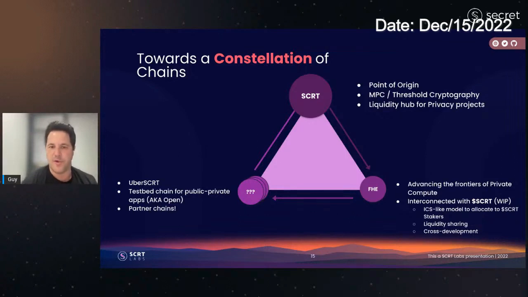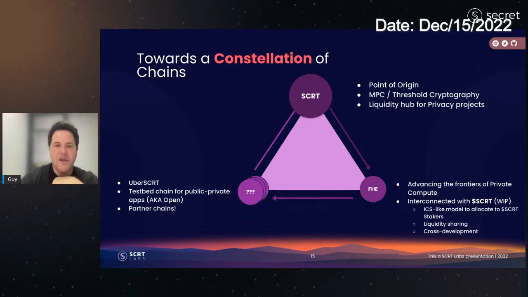So, for example, we're looking into a fully homomorphic encryption chain, and that chain would probably have some kind of interchain security-like model between Secret and that other chain. And there are many, many other chains that we can think about. Some of them can be developed internally, some can be supported by Secret Labs, by others, and many of them can actually be completely external.